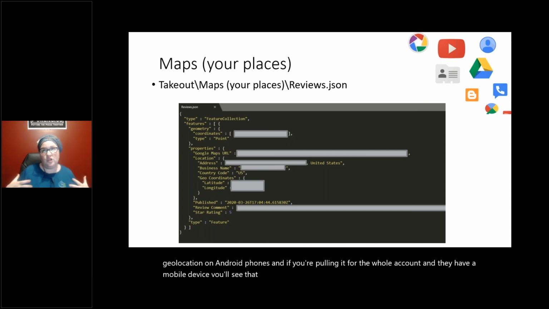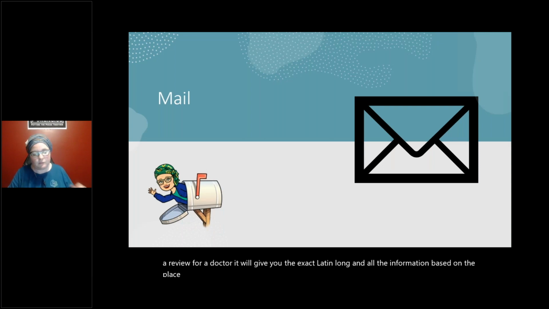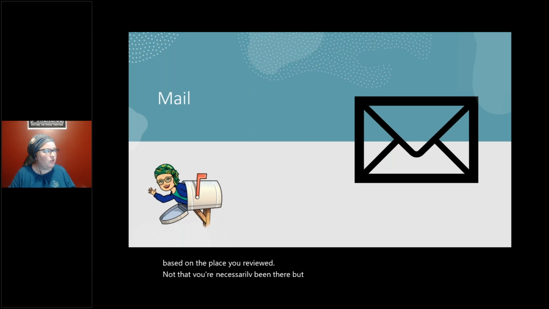But this is just the data isolated to a takeout of an account that only existed for testing a Chromebook. But if you do a review, and I did a review for a doctor, it will give you the exact lat/long and all the information based on the place you reviewed. Not that you've necessarily been there, but still geolocation information of interest.